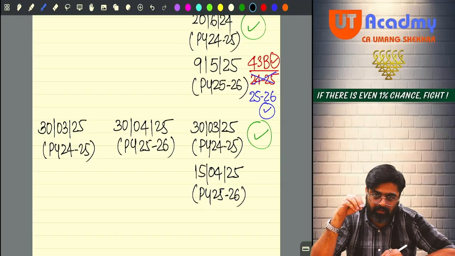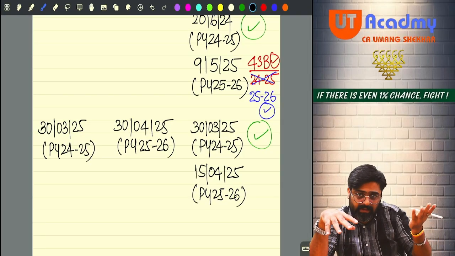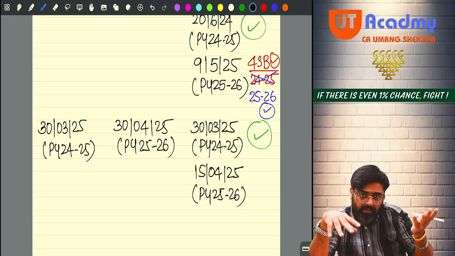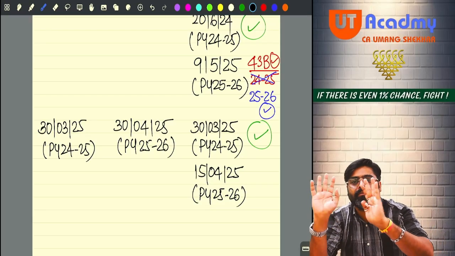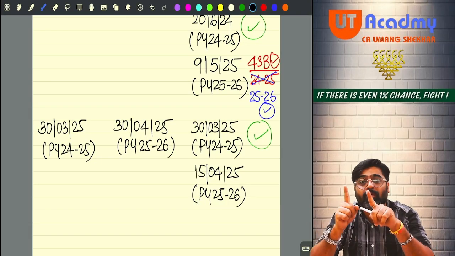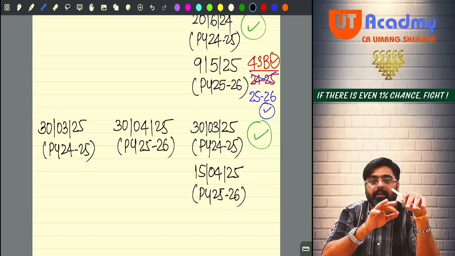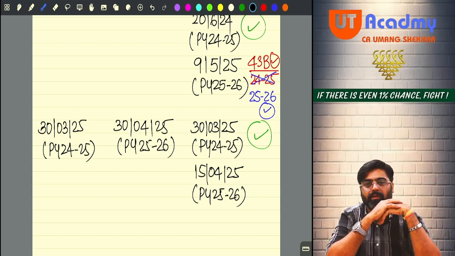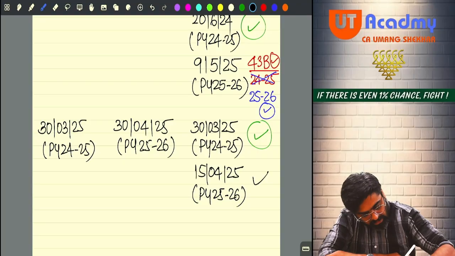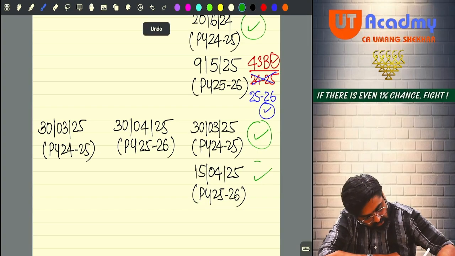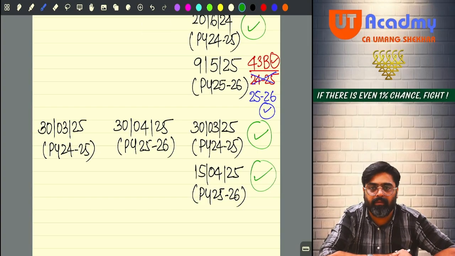Even if the payment is made in the next year, this expense will be allowed in this year only on mercantile basis. Why? Because you have made the payment within the time allowed. Can you see this? So you can claim this amount as a deduction. In this year itself, there will be no disallowance. There will be no 43B.